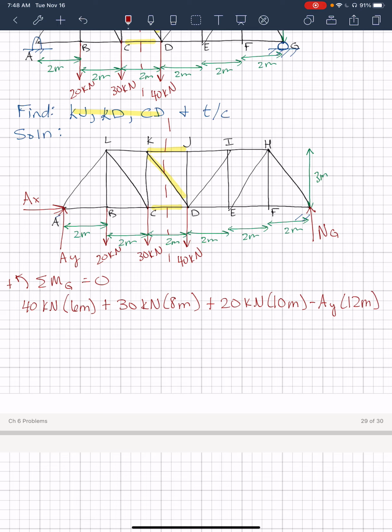And then AX is in line with G, so it doesn't create a moment. So 2, 4, 6, 8, 10, 12. I'm just making sure I have those right. And yeah, so that equals 0.